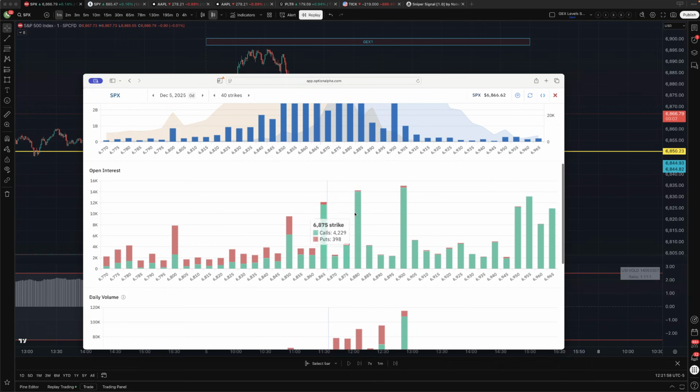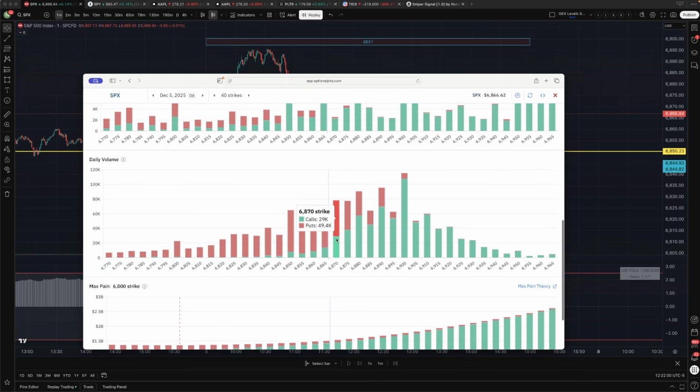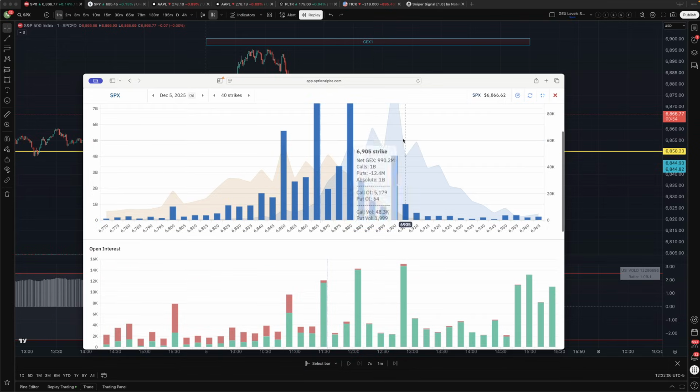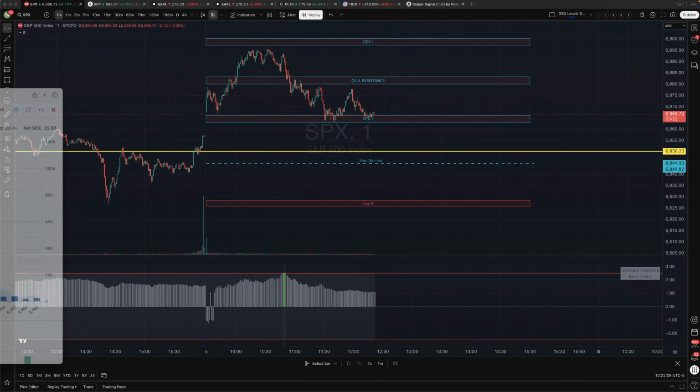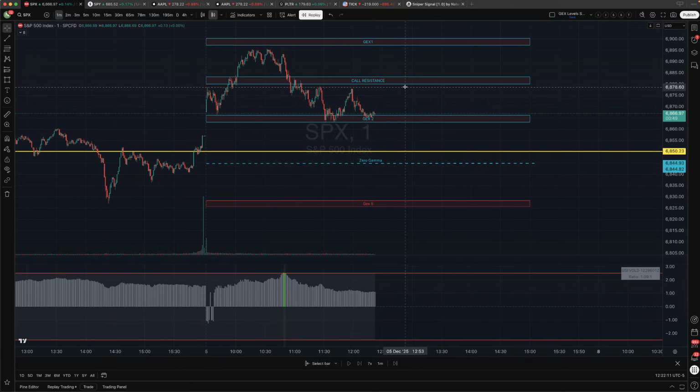There are ways to see open interest and daily volume by strike. The 6,900 is getting a lot of volume. But if I had to pick one right now, based on the chart, I would probably pick the 68.80 and say that we're going to come back into that at some point, right?